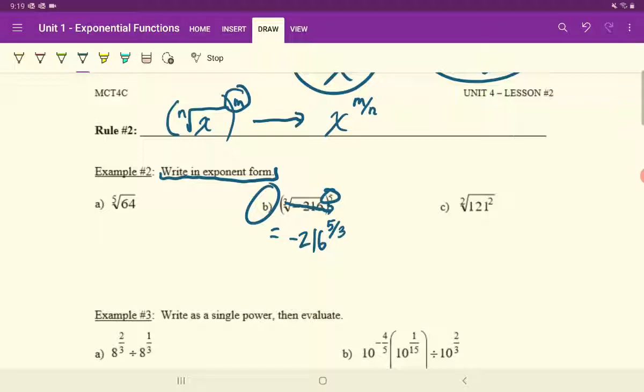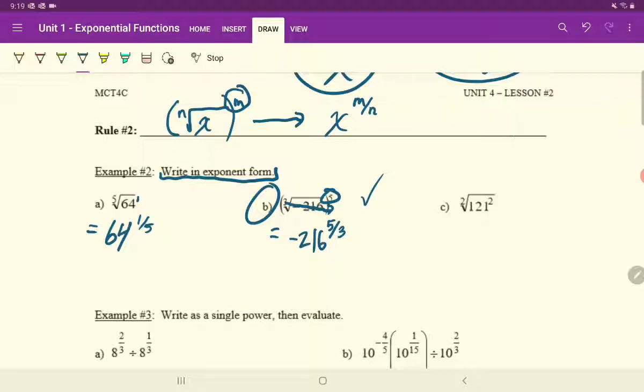All right, so let's try this question. This actually goes back to our first example. Remember, if you don't see an exponent here, it means that it's a 1. So this just stays 64 to the power of 1/5 as a rational exponent. This one I already did.